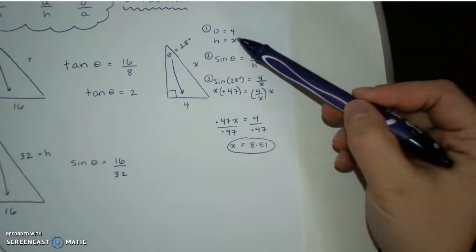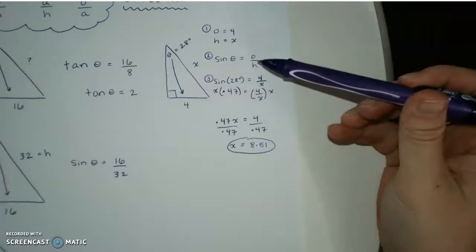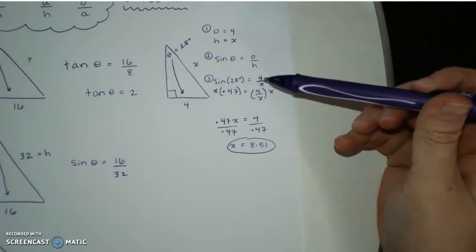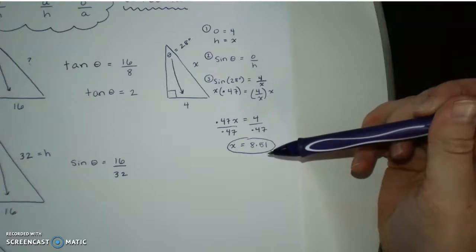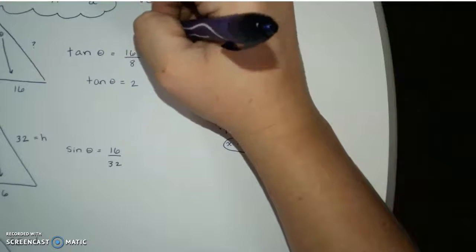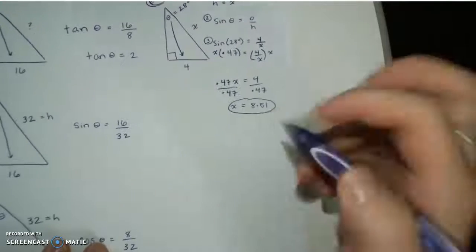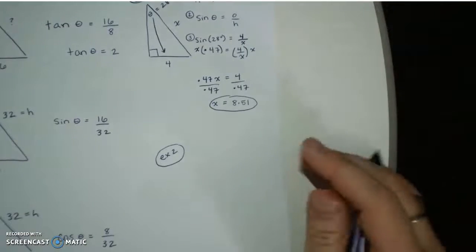So I found out which sides I had, which side I needed to find, what equation I would use. I plugged in my numbers, and then I solved for x. We can call this example 1 because I'm going to give you one more example. Okay? Example 2.